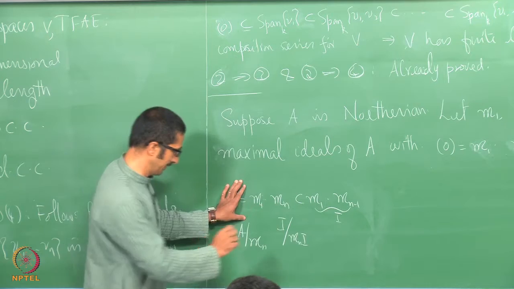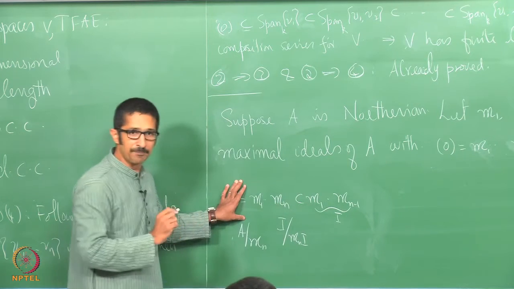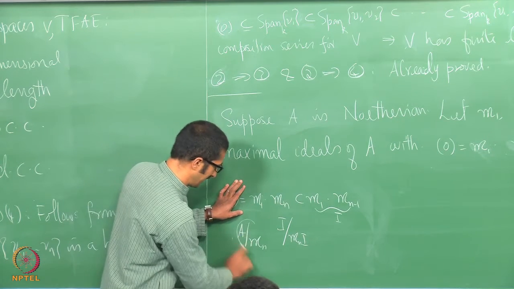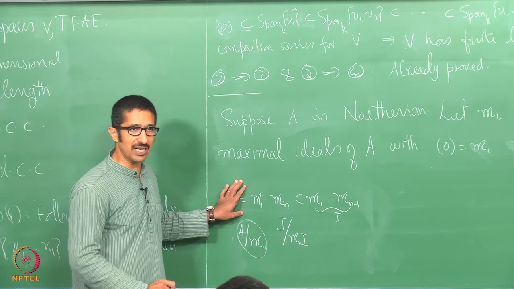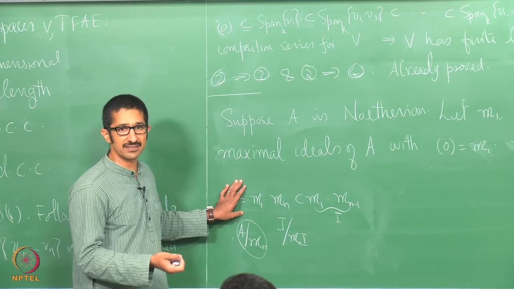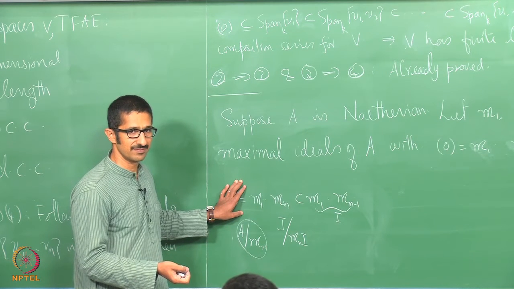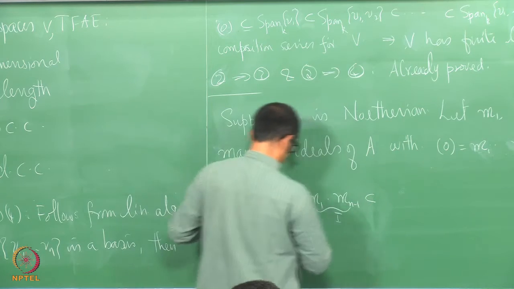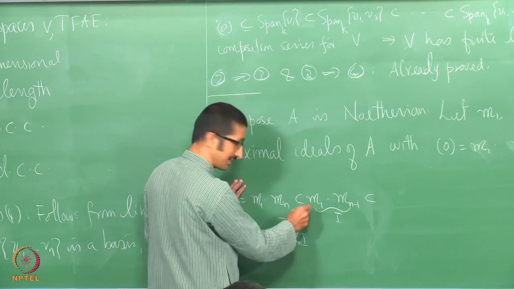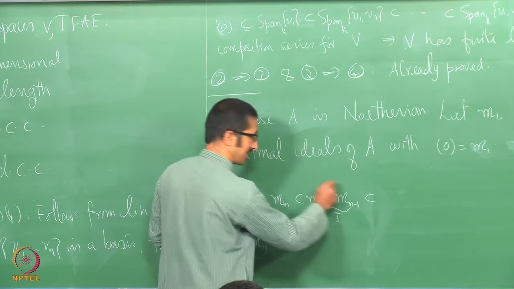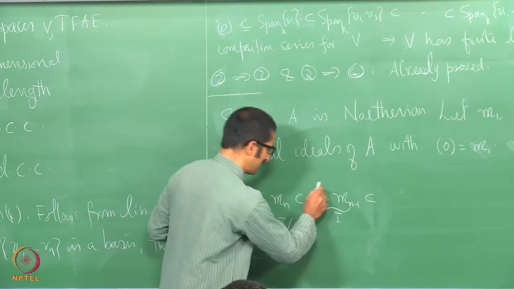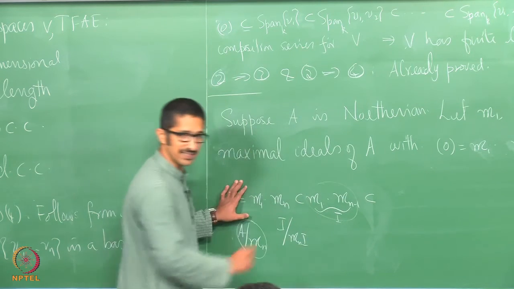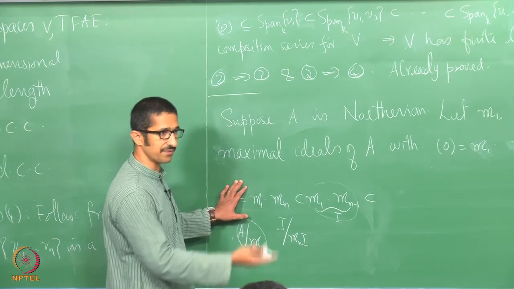If I look at this mod this, it is a vector space over A mod M. So it will have finite length. This need not be simple, but it satisfies the ascending chain condition, or it has finite length.